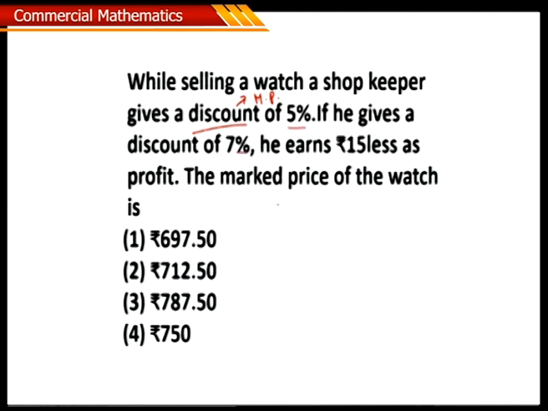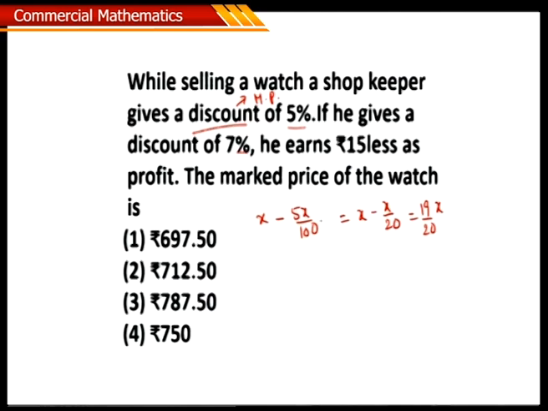If suppose the market price is X rupees and the discount is 5%, what is the selling price now? It becomes X minus 5x by 100, that is X minus X by 20. So it is 19 by 20 x.